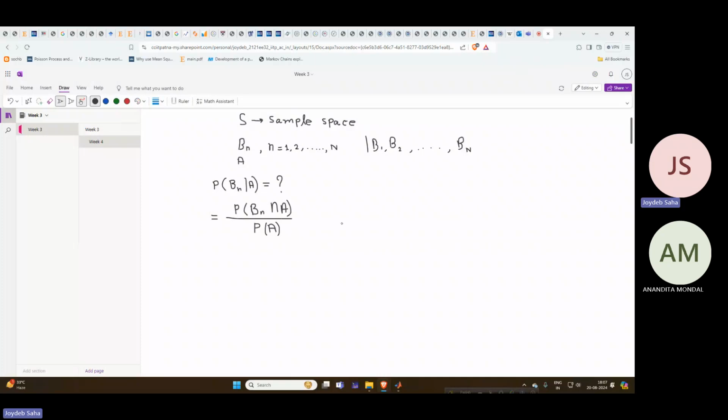So now what we can write from the conditional probability, we are getting this.